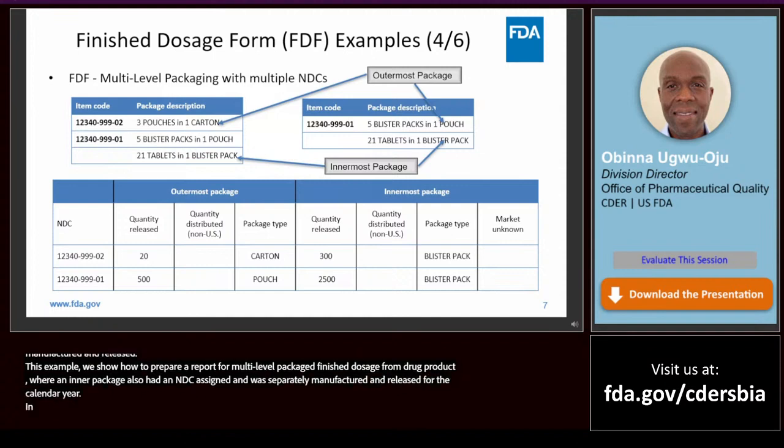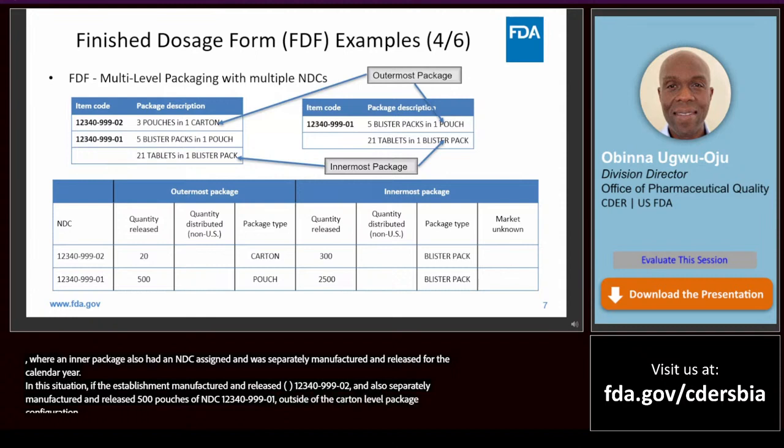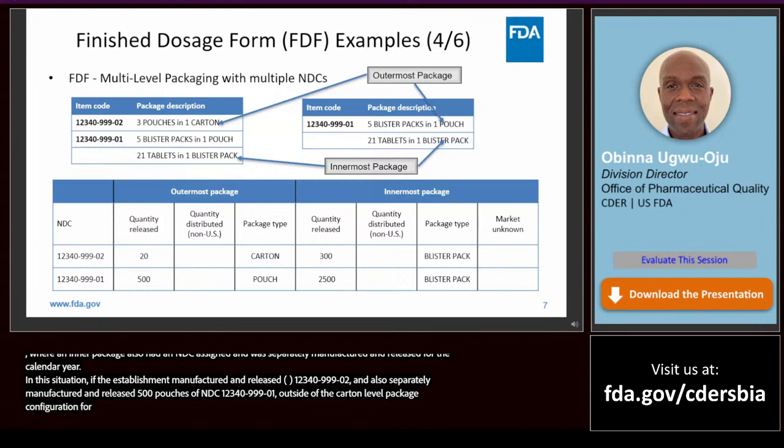In this situation, if the establishment manufactured and released 20 cartons of NDC 12340-999-02 and also separately manufactured and released 500 pouches of NDC 12340-999-01 outside of the carton level package configuration for NDC 12340-999-02.